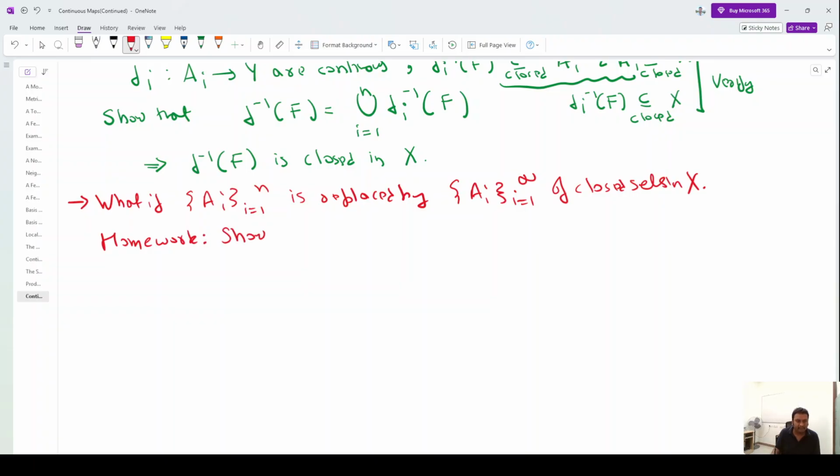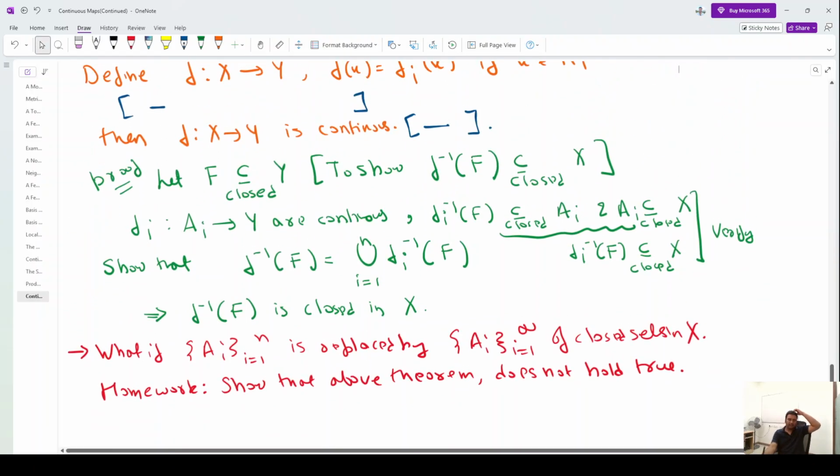Show that the above theorem does not hold. Okay, take an example, try to see. But in the proof, you can observe the technique of what we are proving.